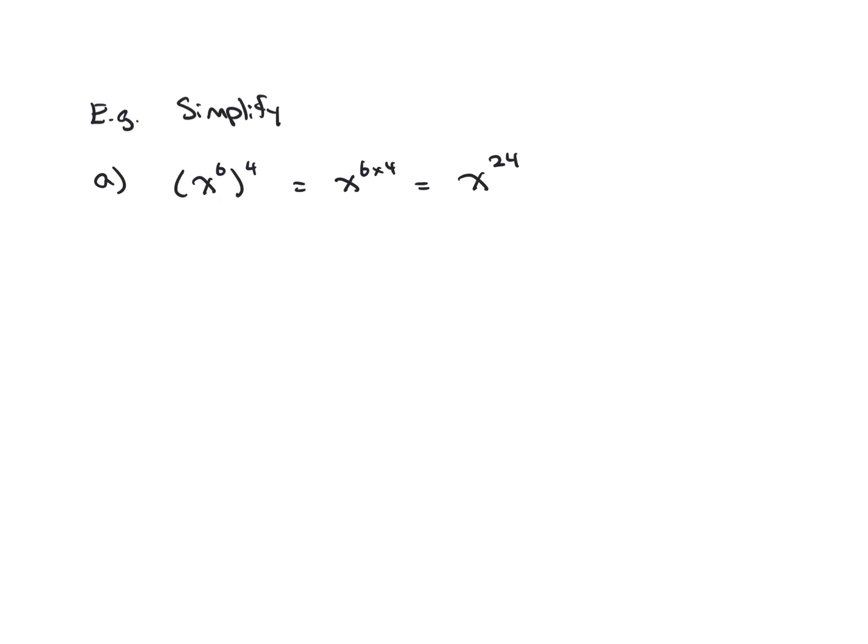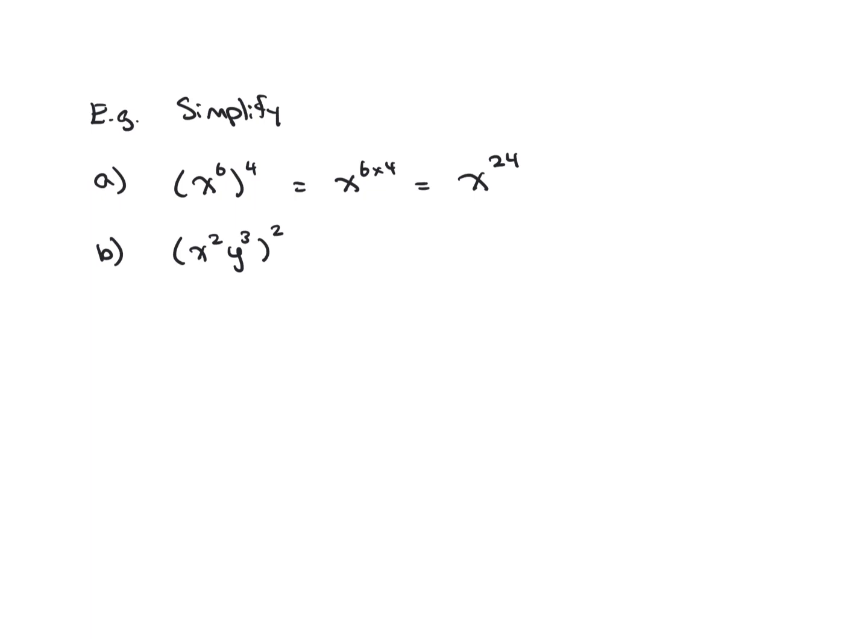We can get more complicated by having 2 letters or 2 variables in there. So I can say, for example, x squared y cubed all together, and then exponent 2. Okay. In a case like this, I want you to take the advice from yesterday.